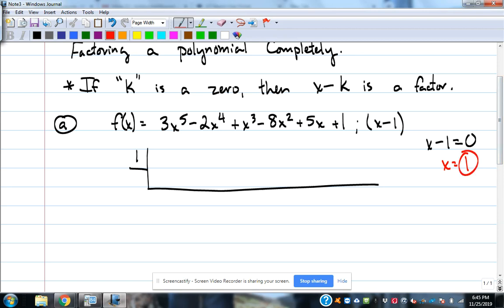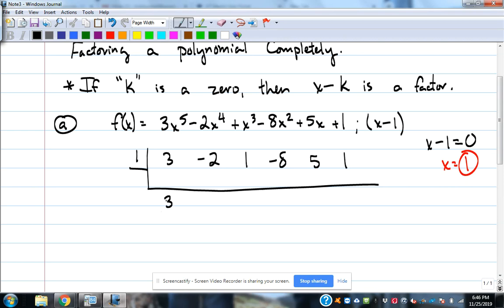Otherwise, just change the sign. Then put your polynomial in there: 3, -2, 1, -8, 5, and 1. We're going to run synthetic division on this to break the polynomial down and prove that x minus 1 is a factor.